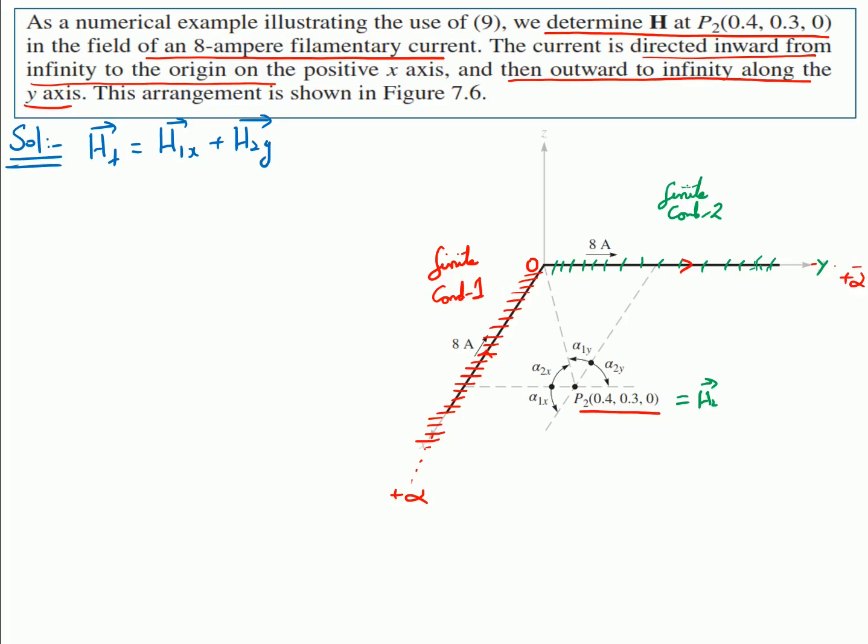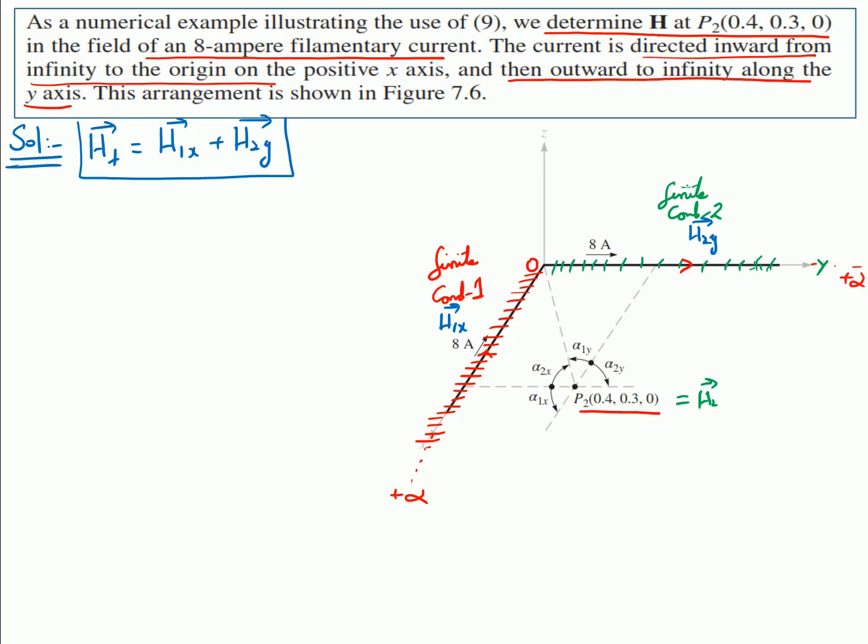So this is what I want to find, and this is my h1x and this is my h2y. Let's find the magnetic field individually and then add them together as per the superposition principle.